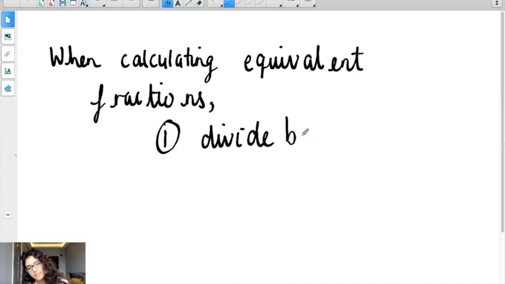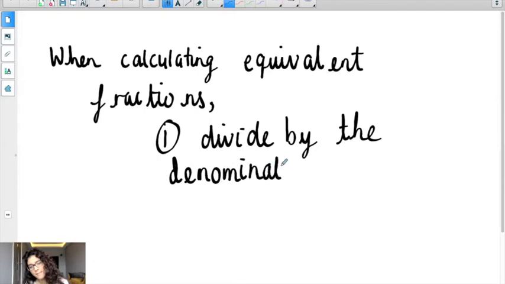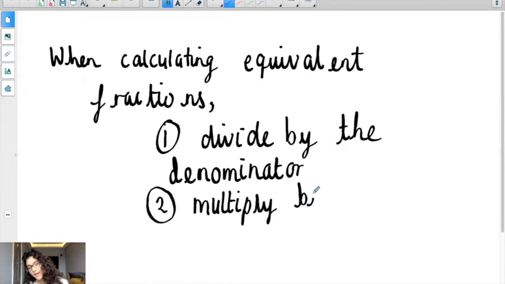Divide by the, no, not numerator. I always make that mistake. That's okay, we all make mistakes. Divide by the denominator. And then I hope some of you are already saying what we should do as the second step. Multiply by the numerator.